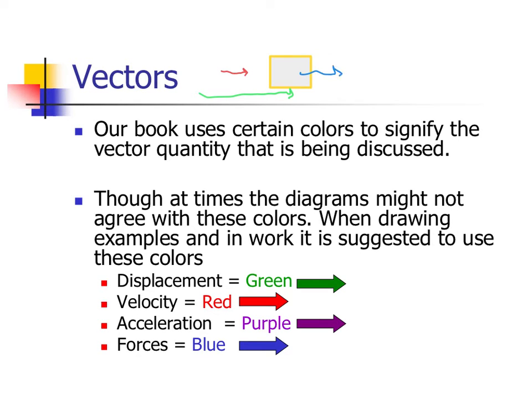It has this force, and maybe a little small one over here. And let's change the color. And therefore it's accelerating that way. There's a lot going on there, a lot of different colored arrows.